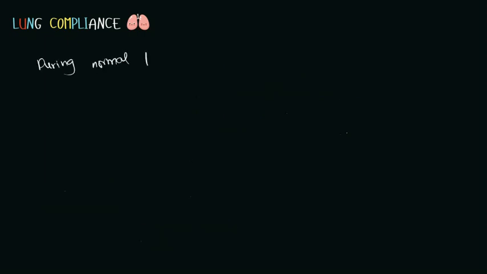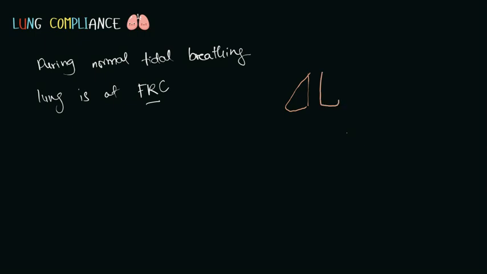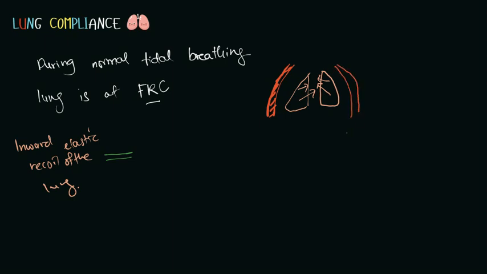Now let's see what happens during a normal tidal breathing. Normal tidal breathing starts when the lung is at FRC, or functional residual capacity. At this point, the lung is at rest, where the inward elastic recoil of the lung, depicted here, is equal and opposite to the force that tends to spring the thoracic cage outwards.